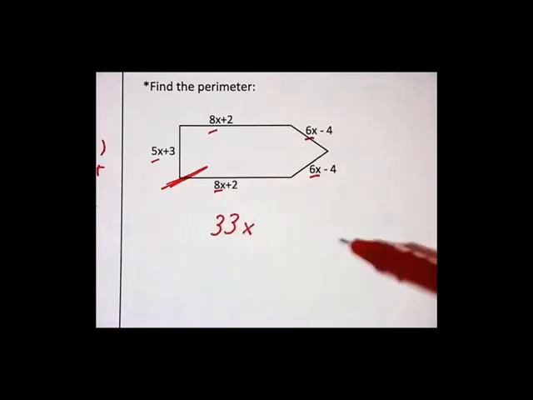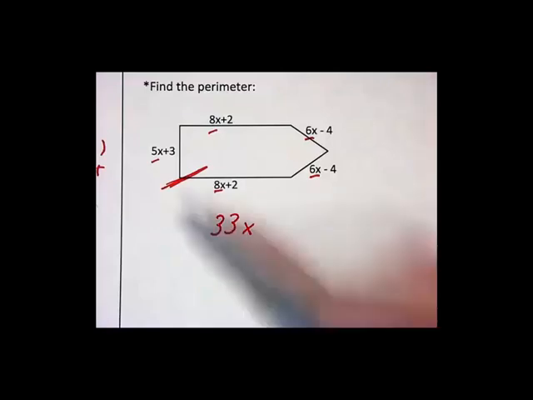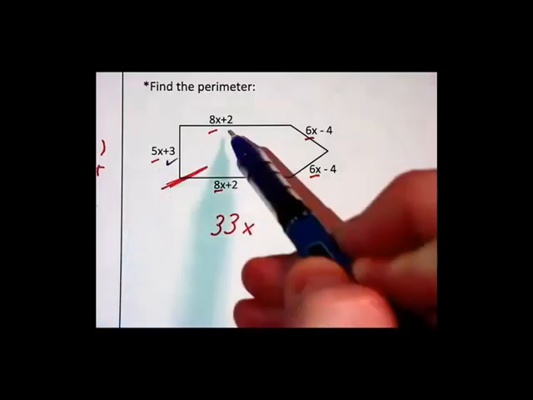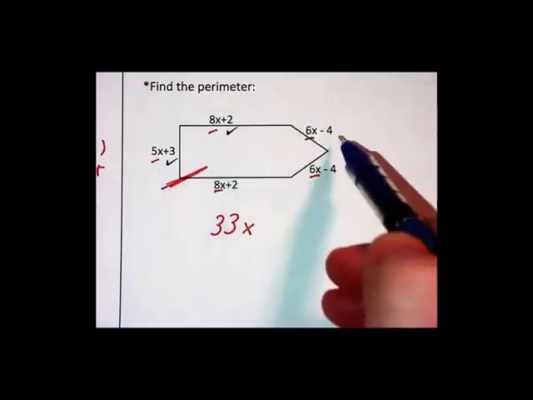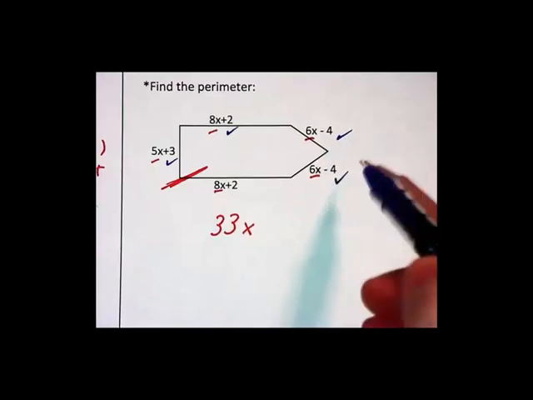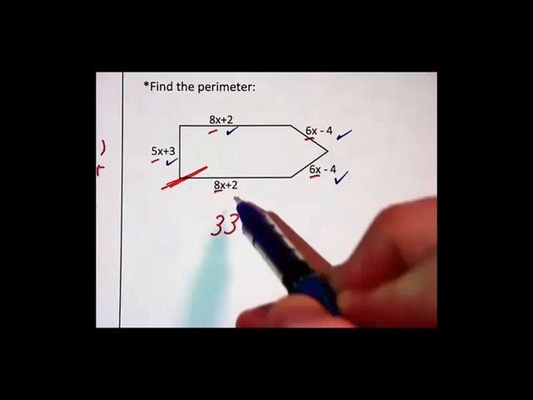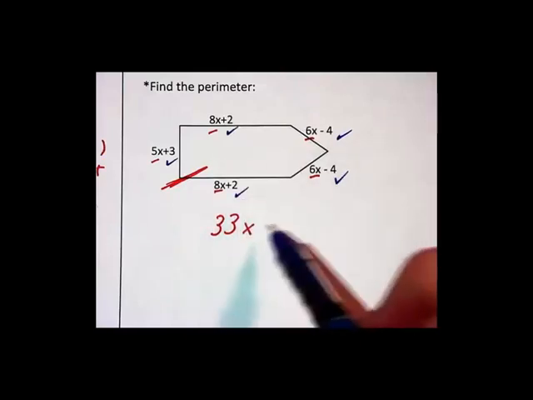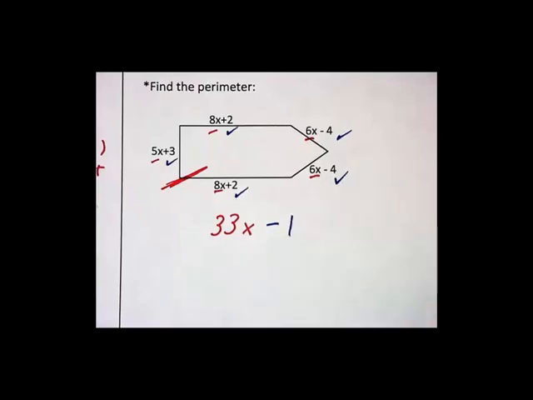I would then move on to my constants. I start with a 3, plus 2 makes 5, minus 4 makes 1, minus 4 more makes negative 3, plus this 2 here, negative 3 plus 2 makes minus 1. And that then would be the perimeter of this funny shape.